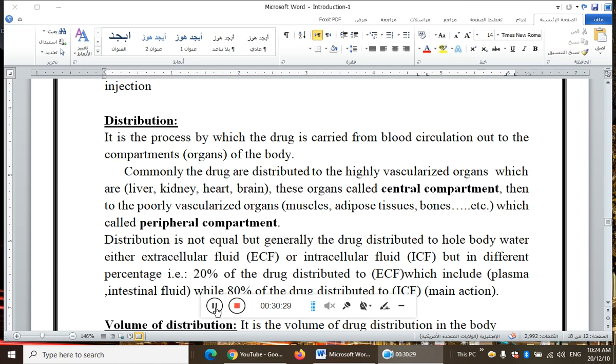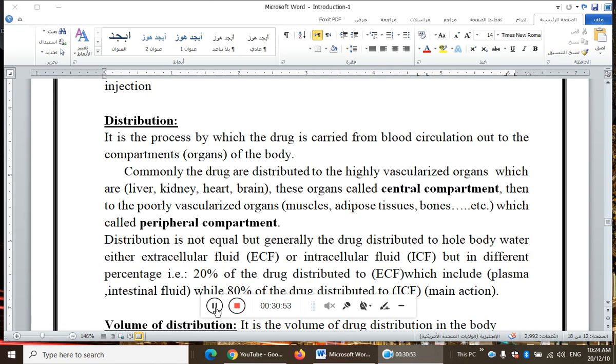You know there are major organs, which are called central compartments, and these are highly vascularized organs, and there are poorly vascularized organs, which means peripheral compartments.